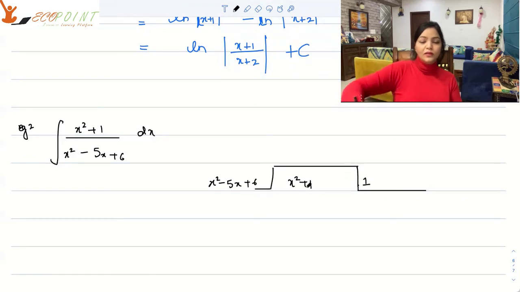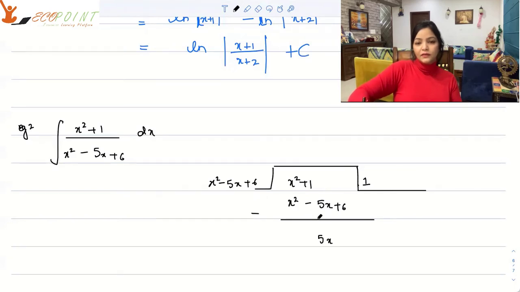When you get x square multiplied by 1, that will give you x square. So you get x square minus 5x plus 6. When you subtract, this cancels. This is plus 5x, so you'll have 5x. Then you have minus 6 and plus 1 from above.